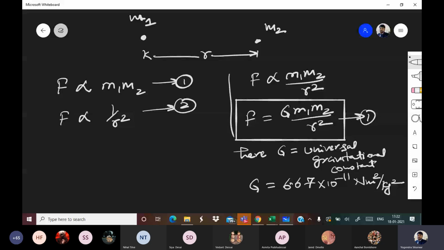Because it remains the same throughout the universe. Wherever you go, the value of G will remain the same. That's why we are calling it the universal constant.